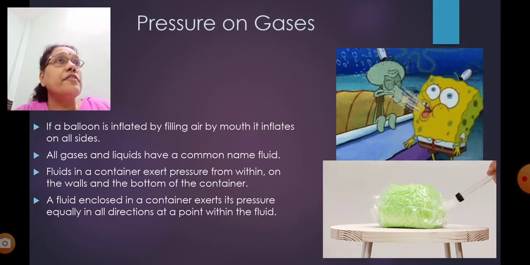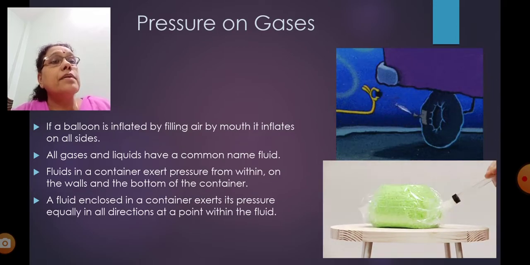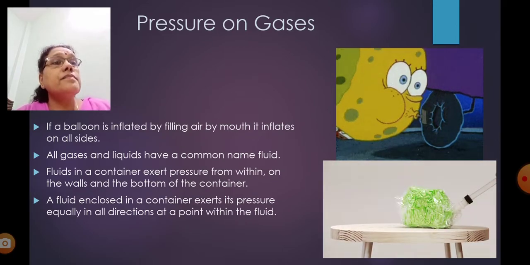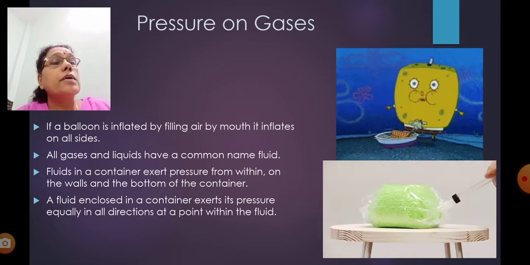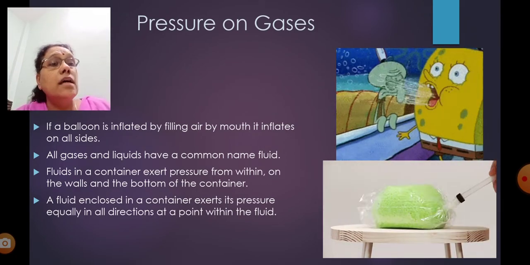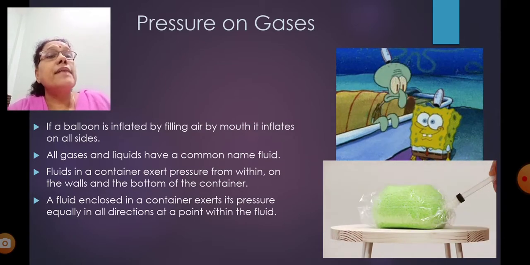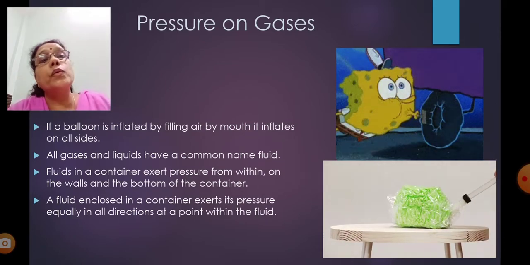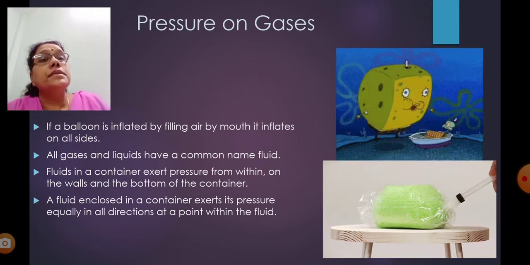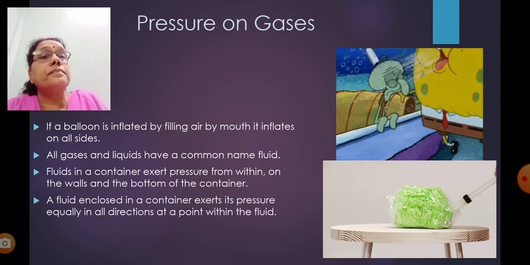Because of the pressure difference, the tire burst. Also, because of the air pressure, using the mop, we can clean the table. All gases and liquids have a common name known as fluid. That's about pressure on gases.